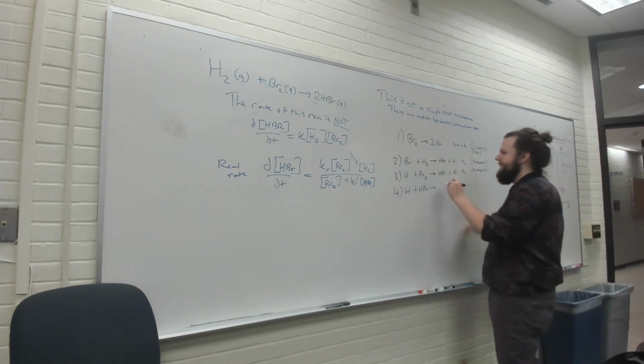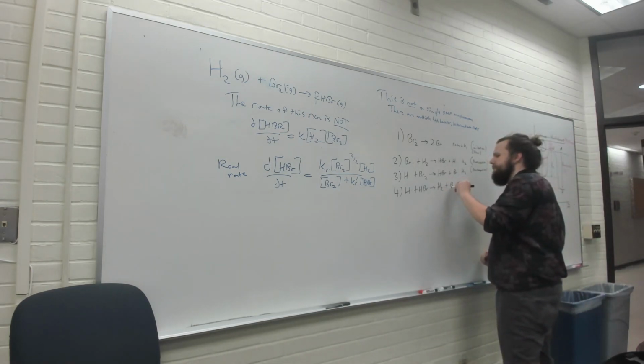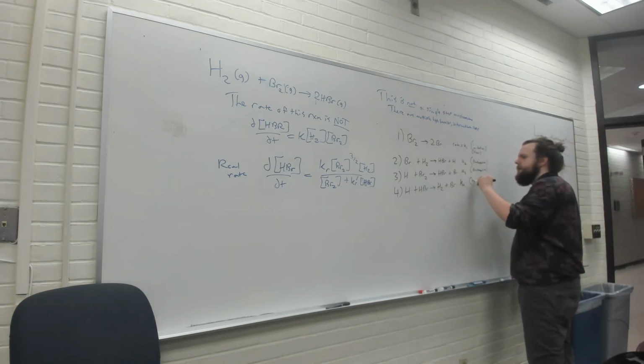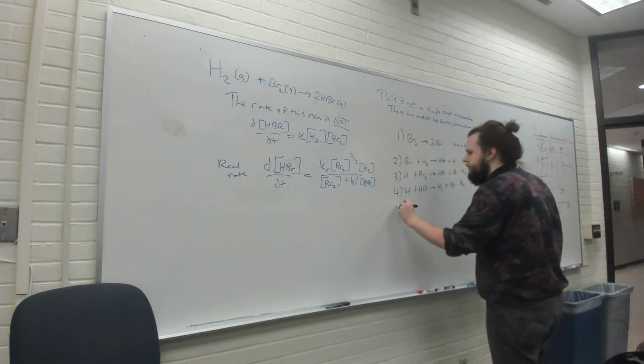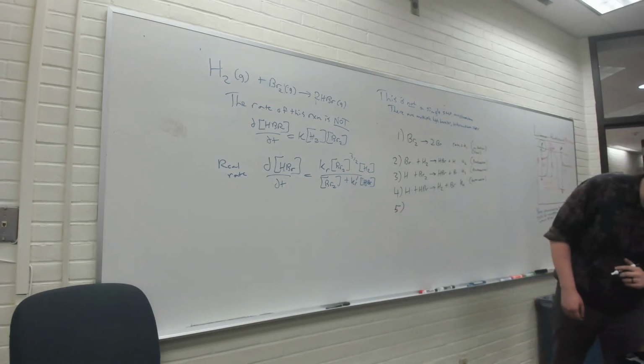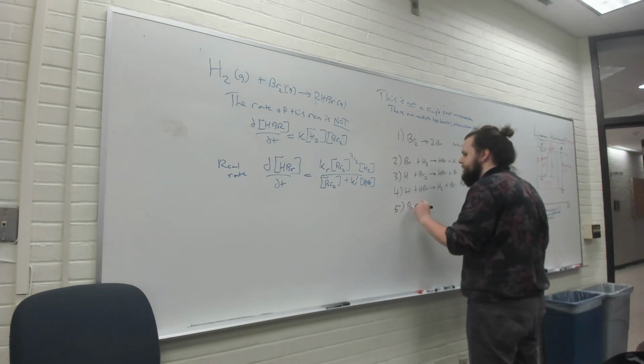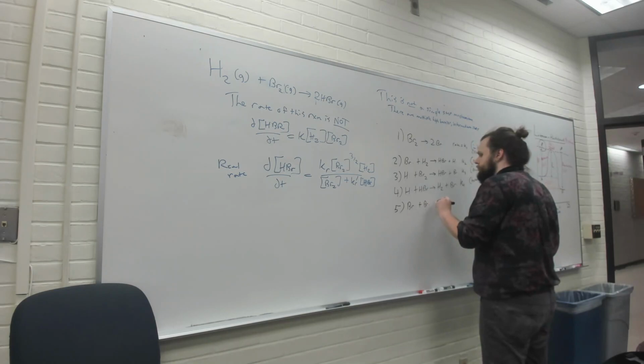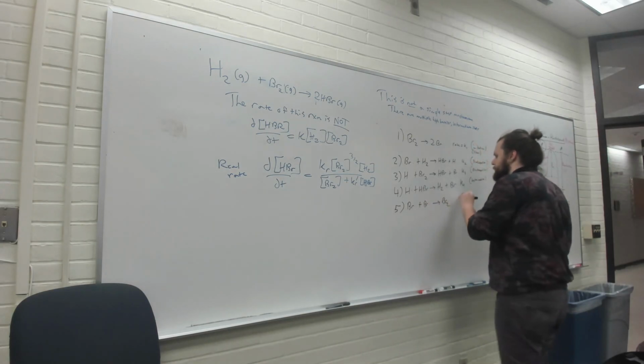H2 plus Br. My apologies. This is K4, termination. And the final step is the final termination step, basically the reverse of the first step, where 2 bromines can combine to make Br2. We'll call this K5.